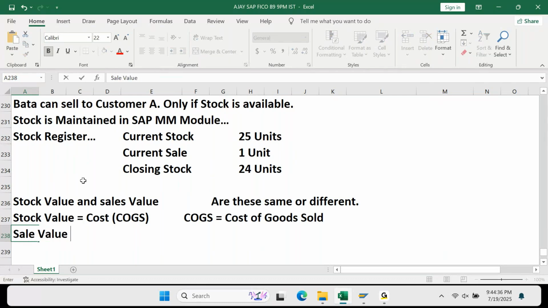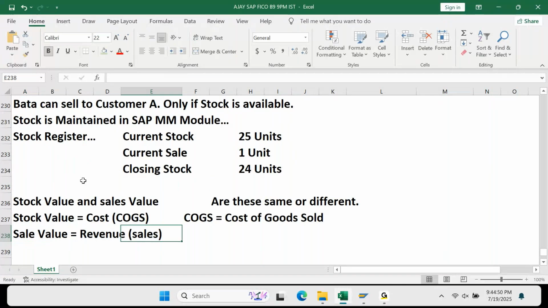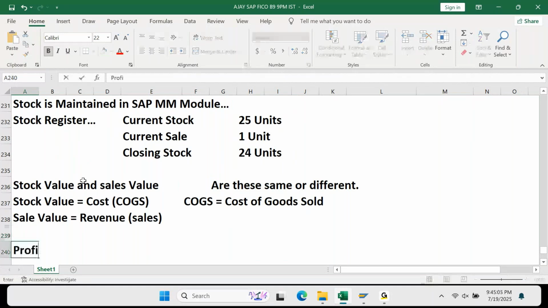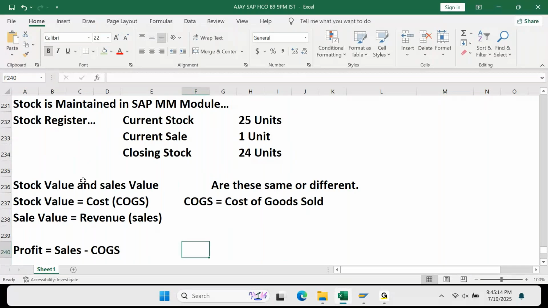Sale value is equal to revenue, or sales in bracket. Now, how do you find out the profit? Profit is equal to revenue, sales, minus COGS, cost of goods sold. Sales minus COGS.